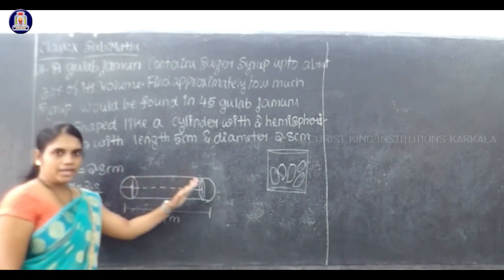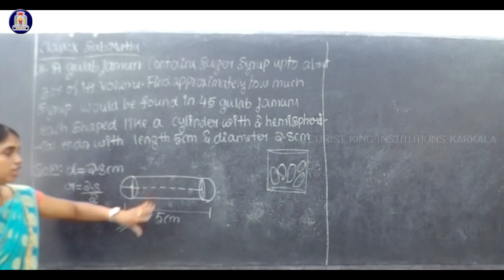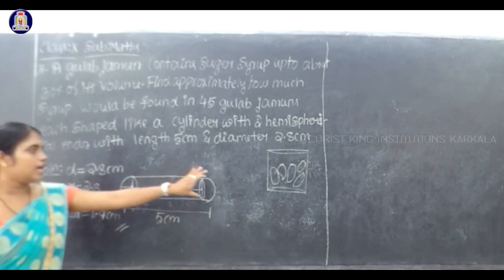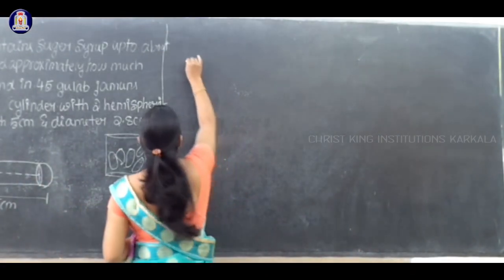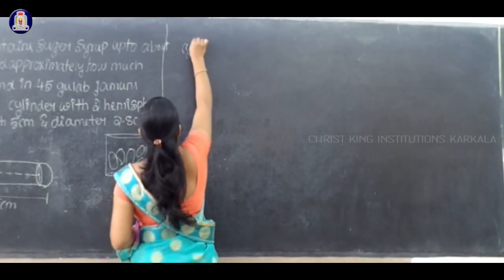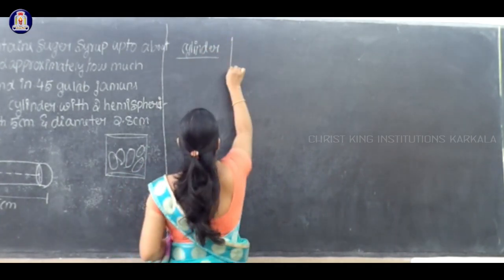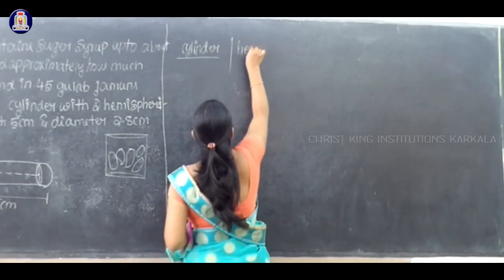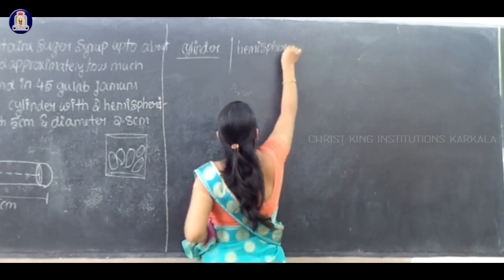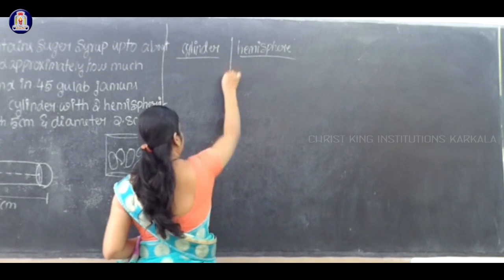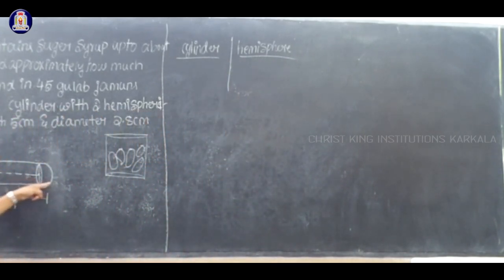I'll make two columns because this is a combination of two solids, cylinder as well as hemisphere. The first one is for cylinder, and the second one is for hemisphere. First I'll write the data required for the cylinder.